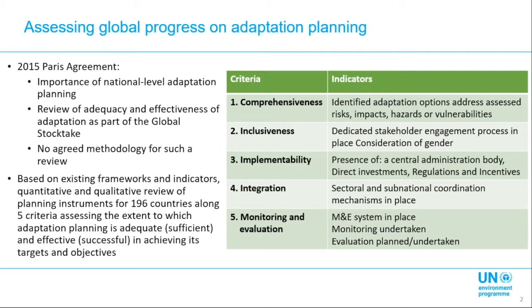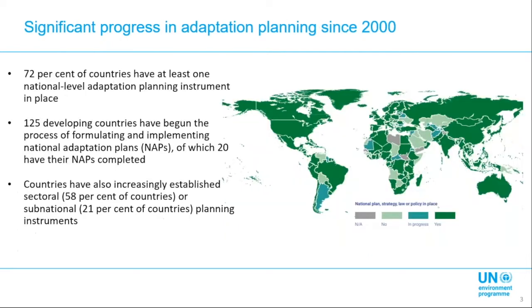We chose those 5 criteria because we think they allow us to assess whether or not adaptation planning is adequate, meaning sufficient and effective in a sense of being successful in achieving its targets and objectives. The criteria you'll see in the table on the right-hand side, they comprise comprehensiveness, inclusiveness, implementability, integration, and finally, monitoring and evaluation.